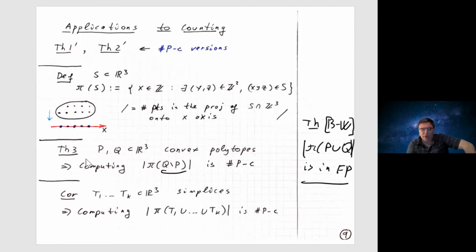So the point is, if you have many polytopes, then it's not. And actually, Barvinok and Woods conjectured that you could. So Sasha Barvinok was very unhappy when we proved all these results.